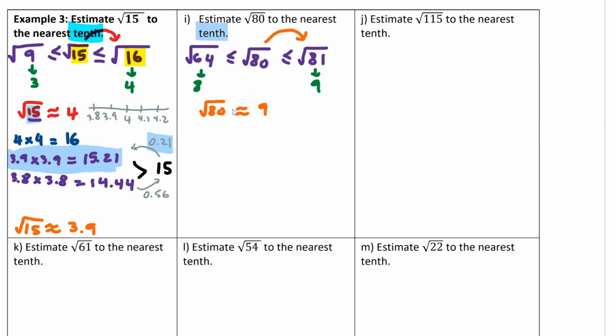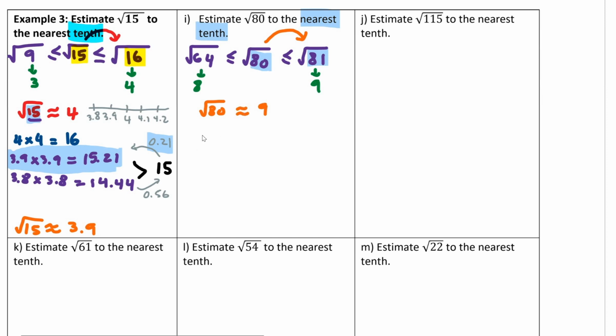The answer would be done if they said to round your answer to the nearest whole number or to an integer, but they ask you to round to the tenths place value, so we need to go to a smaller number to be more detailed. The square root of 80 is less than 81, which means the actual value is going to be less than 9.